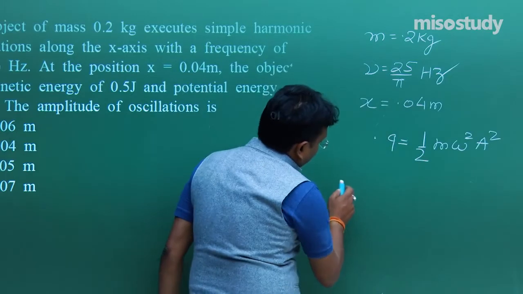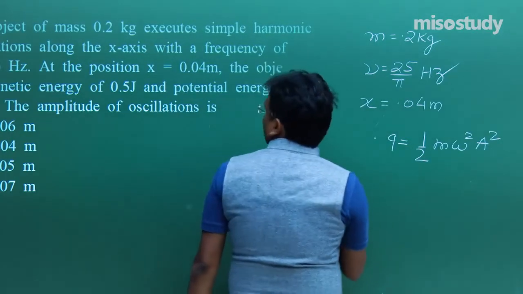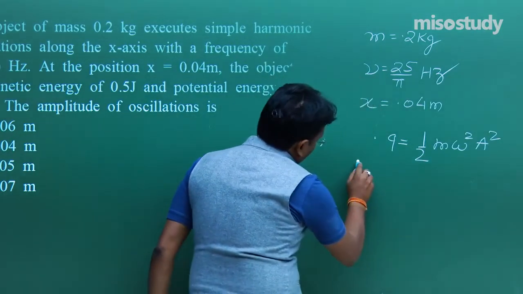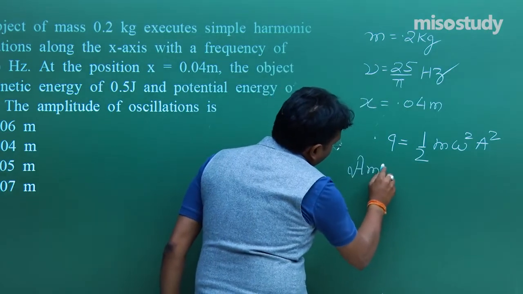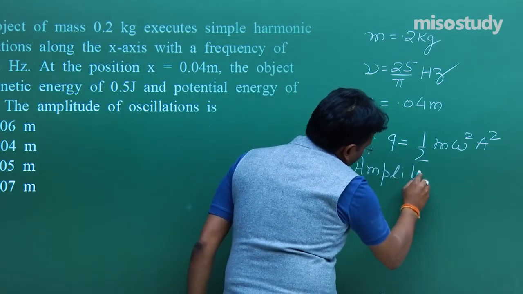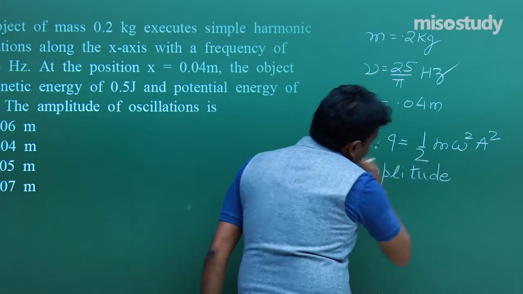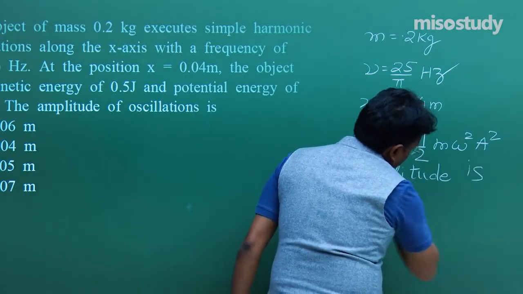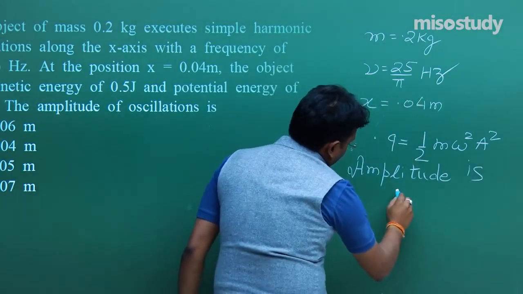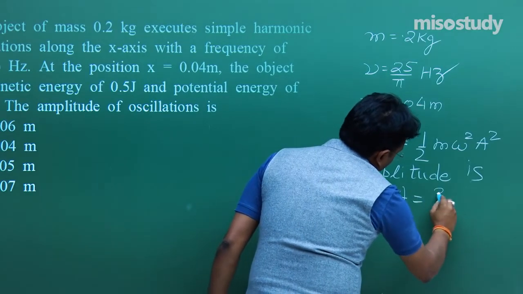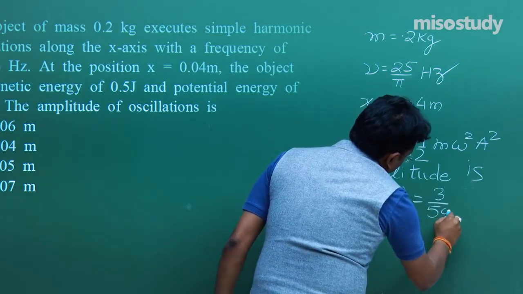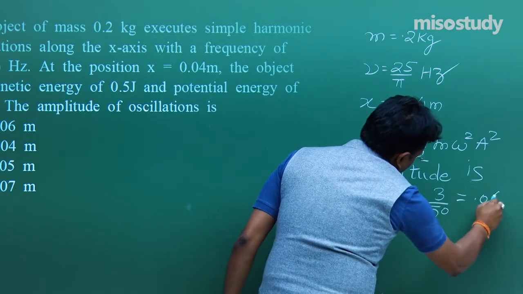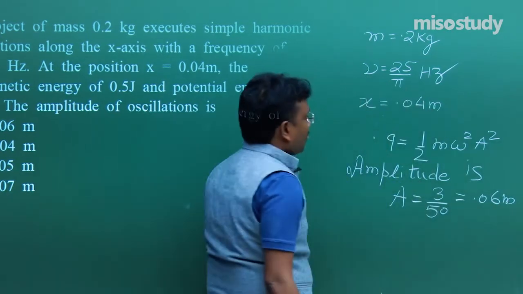So what I will say is, amplitude, directly I am writing, A is equal to 3 by 50, which is equal to 0.06 meter.